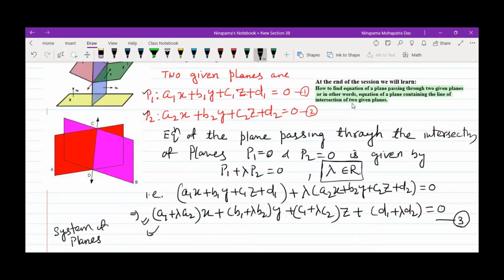Like here you can see this image. Through the line of intersection of two planes, you can have many planes. You can refer to your textbook. All the pages are joined at a line, and the surface of each page represents a plane.